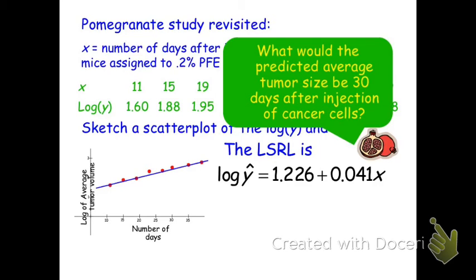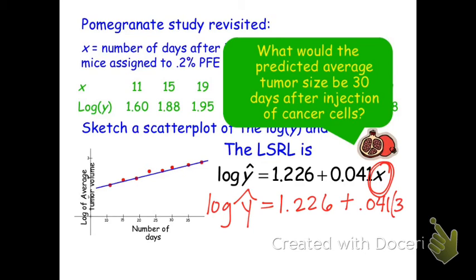So I'm going to plug in 30 for x, and I've got log of y hat equals 1.226 plus 0.041 times 30. And my goal is to get y hat by itself.